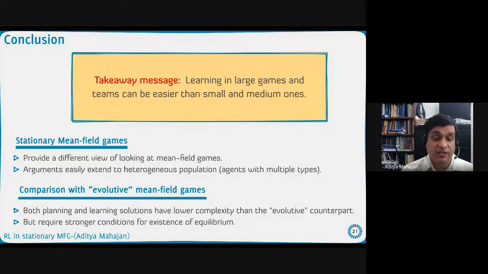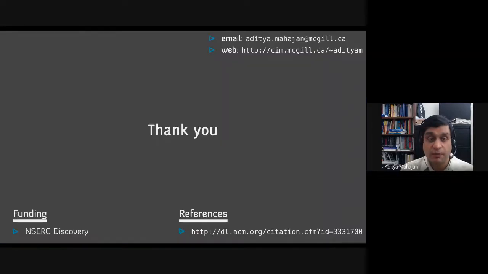However, the final thing there is how do these two compare in terms of their efficiency? And as far as I know, there is no detailed comparison between the two, and I think that would be interesting to study, what's the performance difference between stationary mean field games and evolutive mean field games, on some of these simple examples. With that, I'll stop and I'll be happy to take questions.